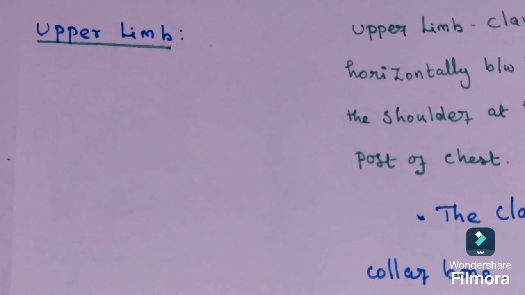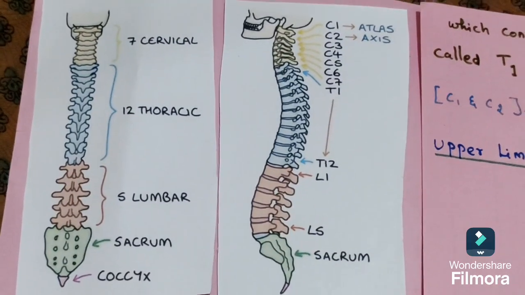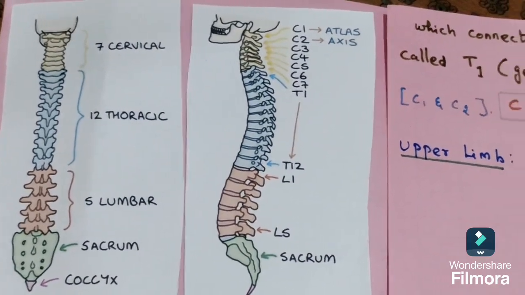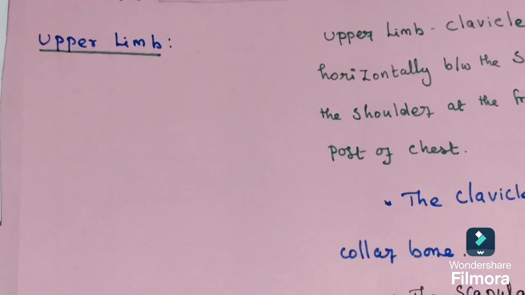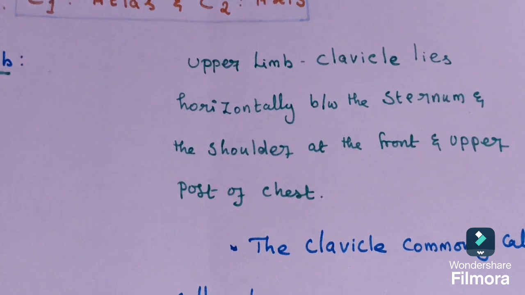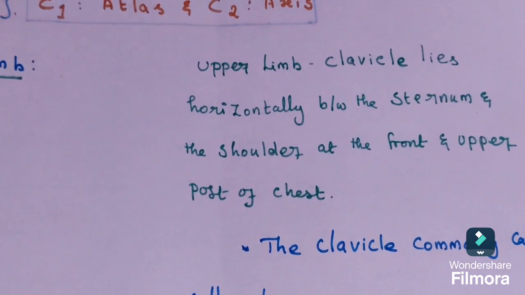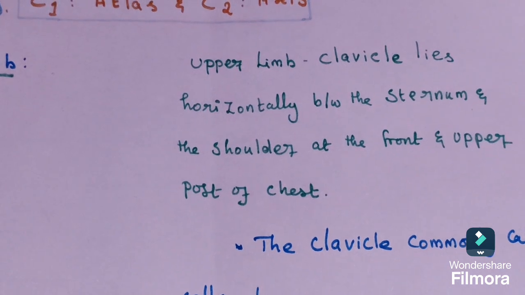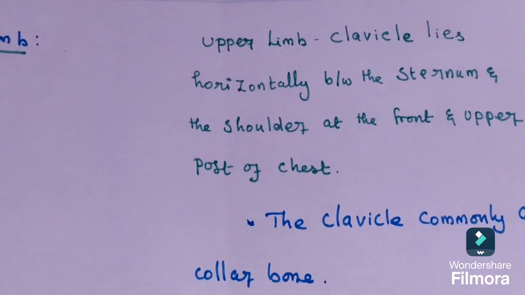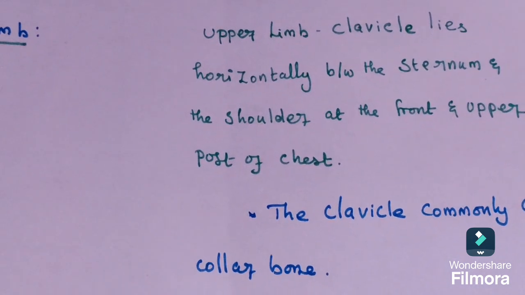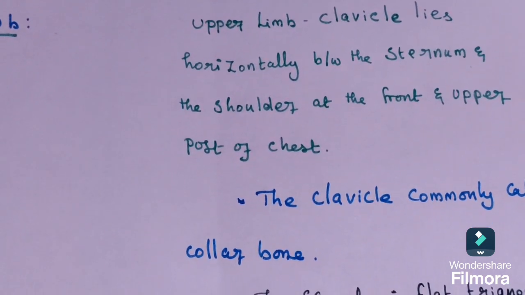Next, let's talk about the upper limb. The clavicle lies horizontally between the sternum at the shoulder at the front and the upper portion of the chest.